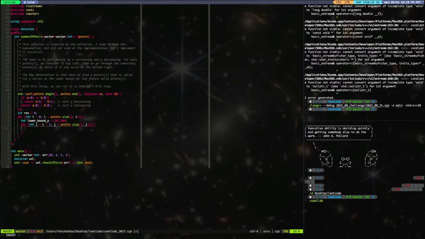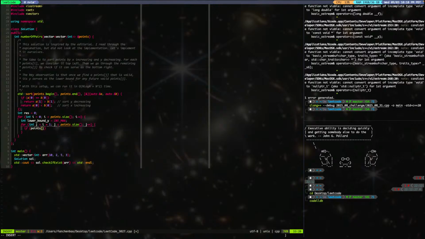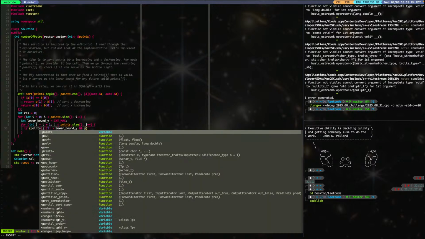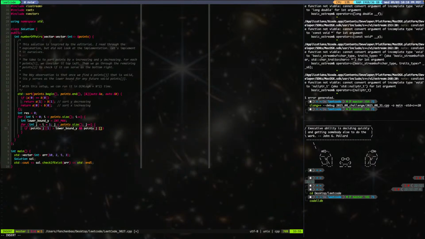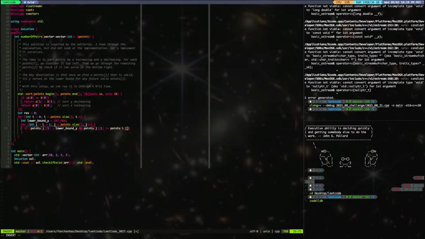It has to be larger than the lower bound, so we check if points j1 is larger than lower bound y and points j1 is smaller or equal to the upper bound, which is points i1.